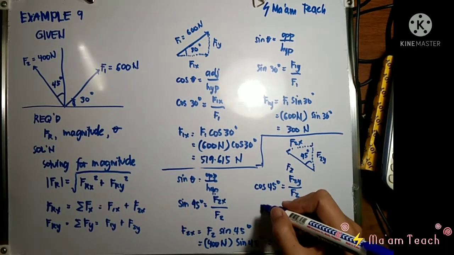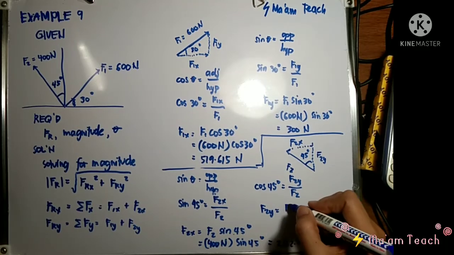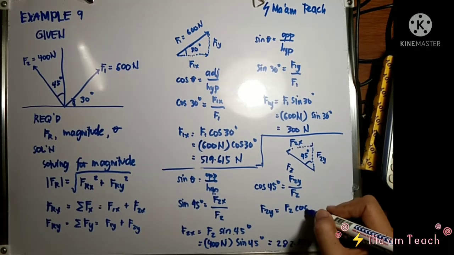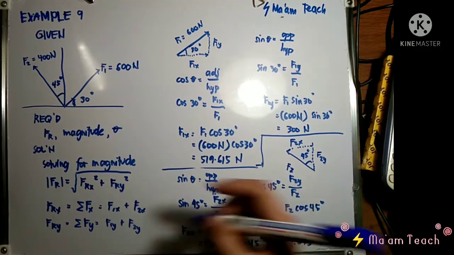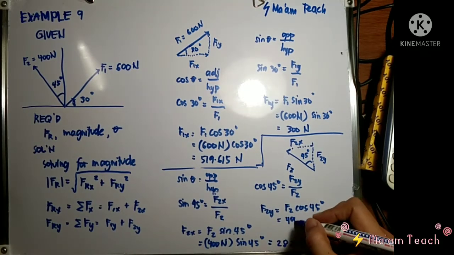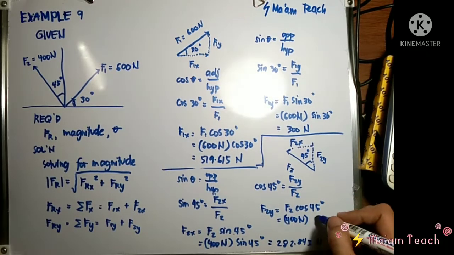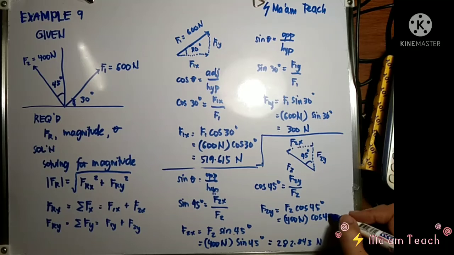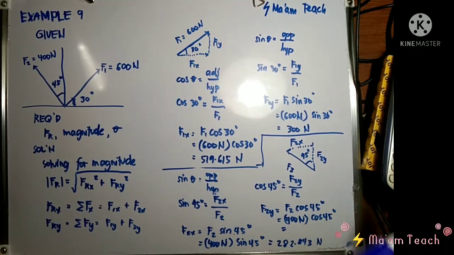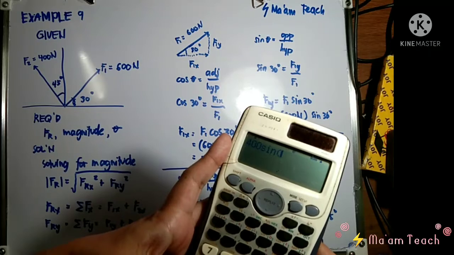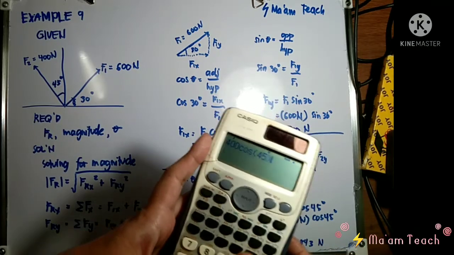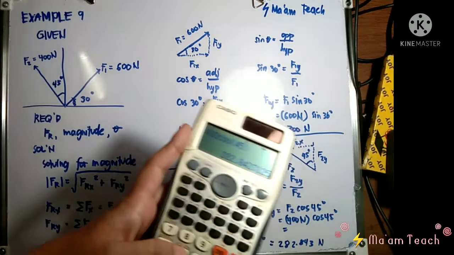Therefore F2y is F2 cosine 45. F2 is 400 Newton cosine 45 degrees, so we have 400 cosine 45, 282.